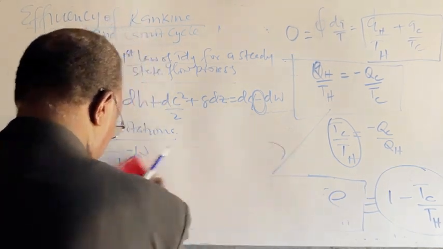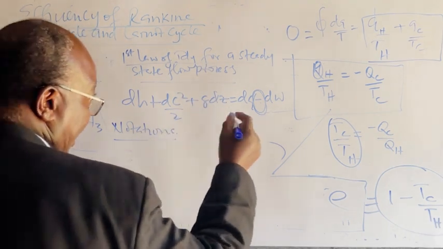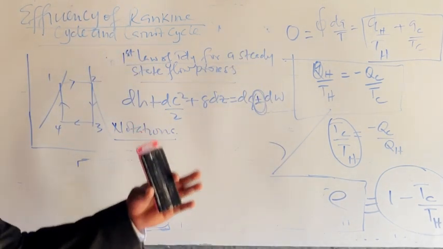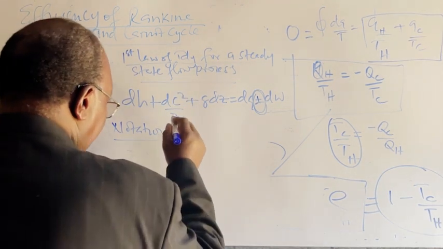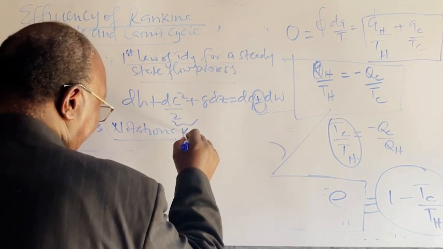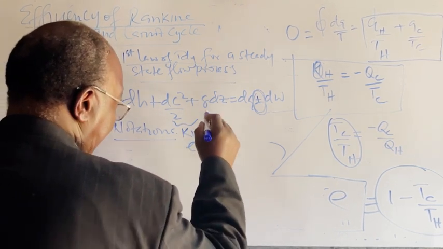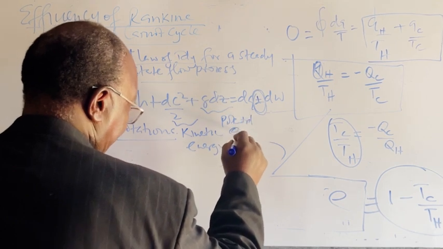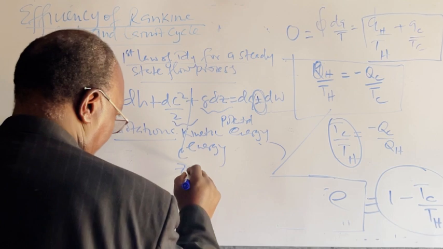So this first law expression for a steady state process can be plus dW or minus dW, depending on the notation you're using. The second term here is the kinetic energy expression. The third term is the potential energy. In this particular system, these are negligible, so we can assume they're zero.